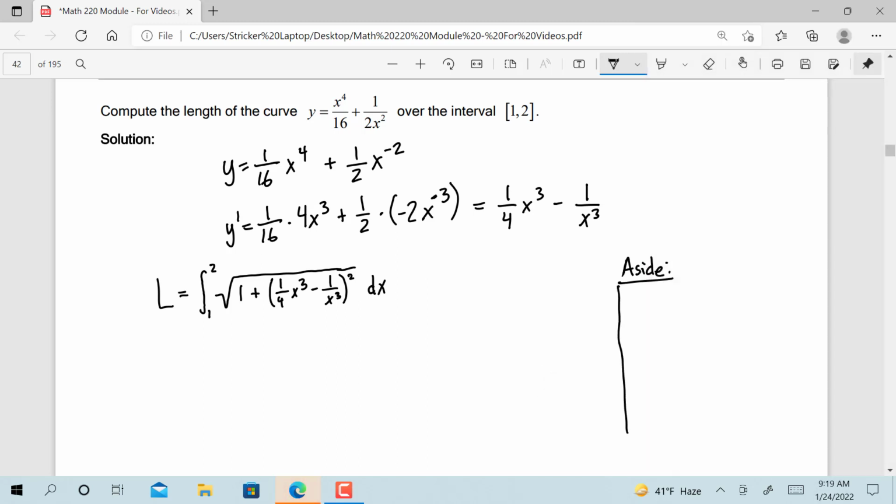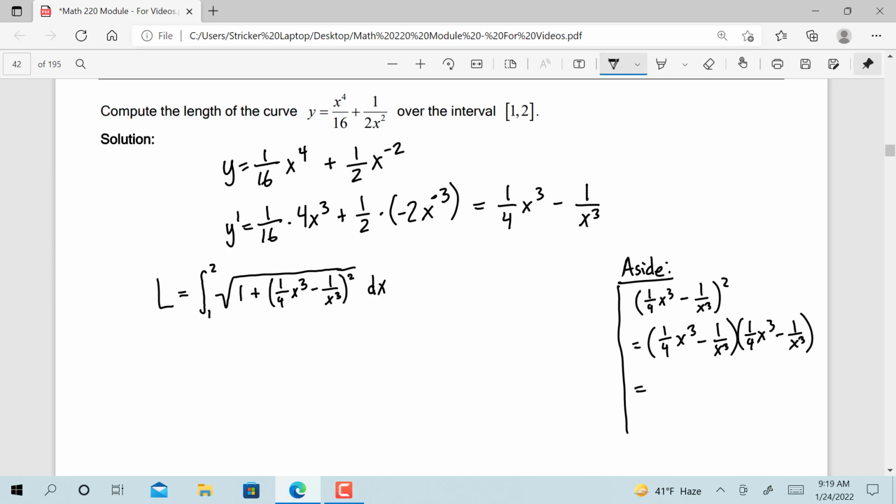So we have 1/4 x to the 3rd minus 1 over x to the 3rd squared. If we expand that, it looks like this. And then we want to multiply that out.